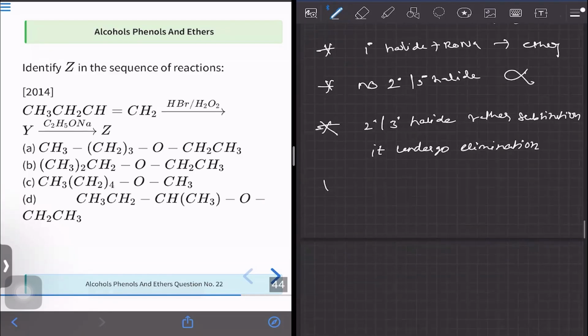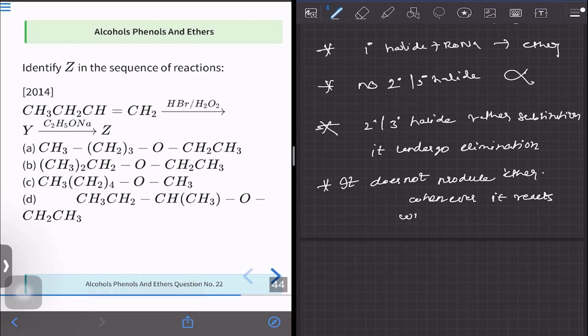So it does not produce ether whenever it reacts with RONa.